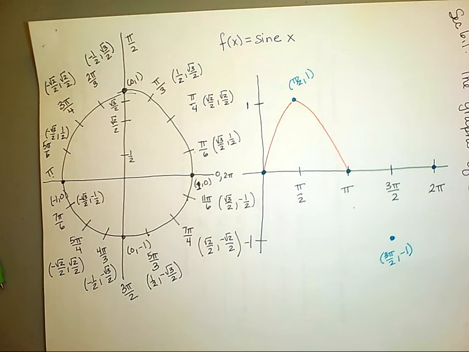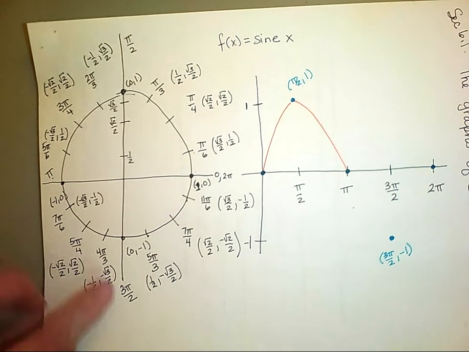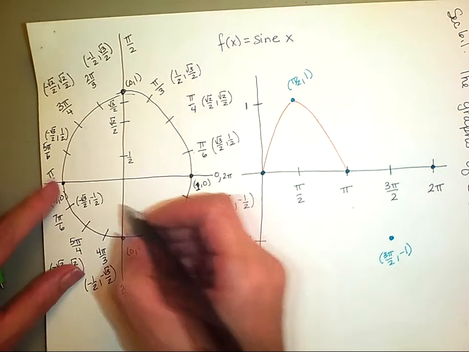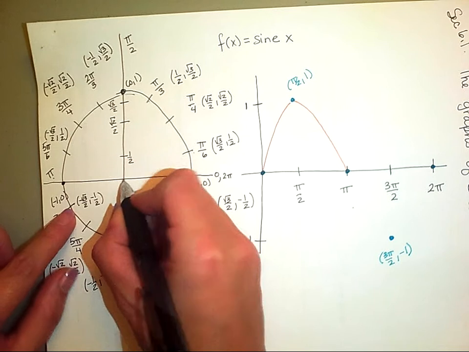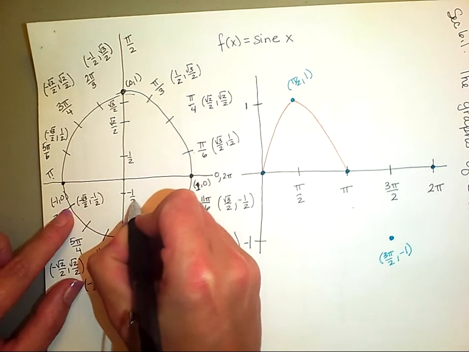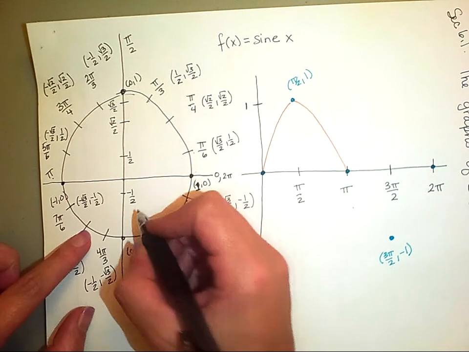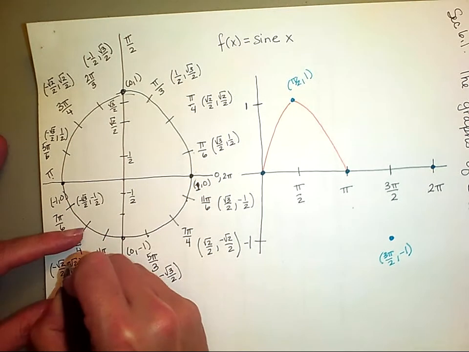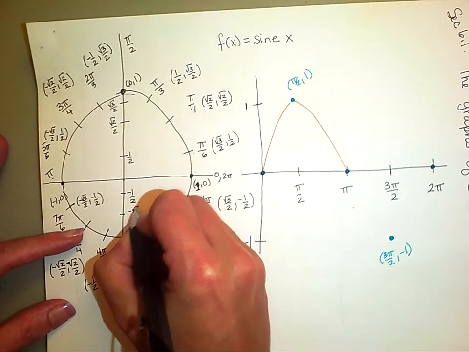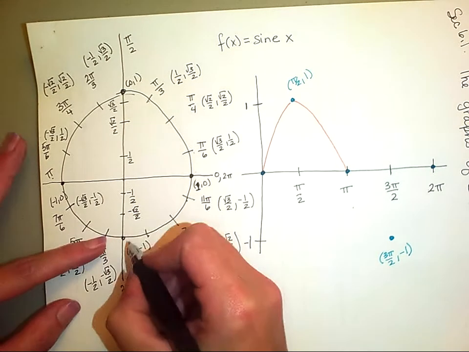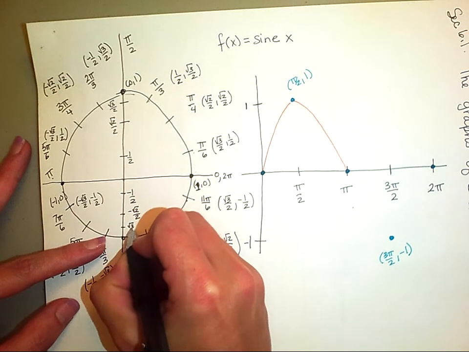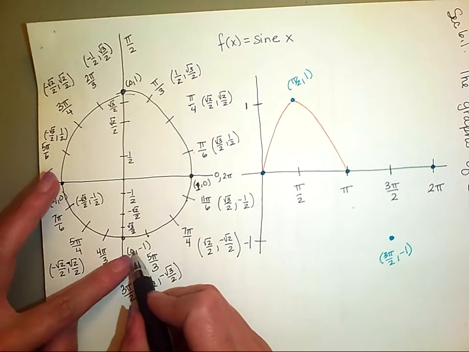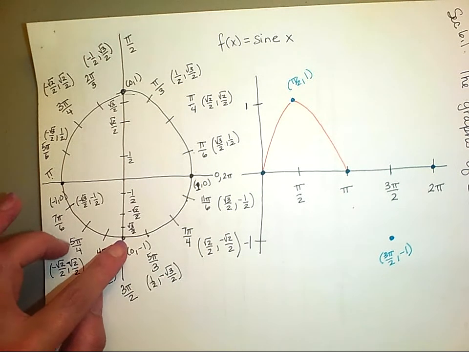Now, from pi to 3 pi over 2, we have to look. It starts at 0, then here we're at negative 1/2. As we come down to pi over 4, this should be negative root 2 over 2. At this point, we're at negative root 3 over 2 for the sine, until we finally get to negative 1.